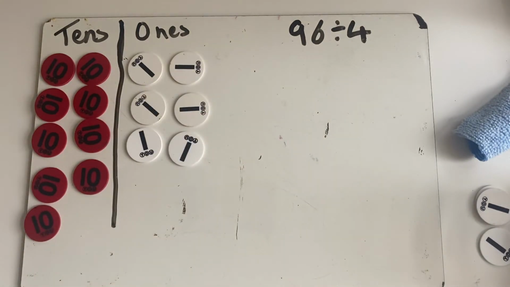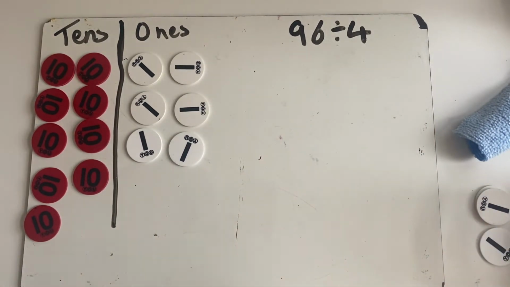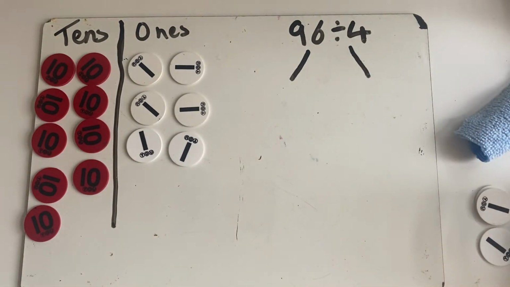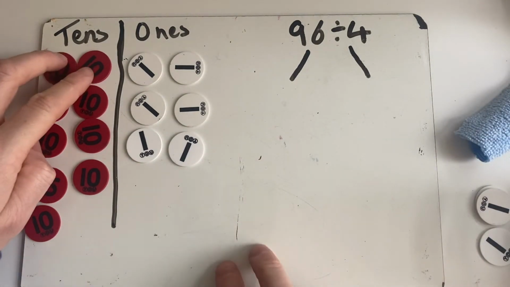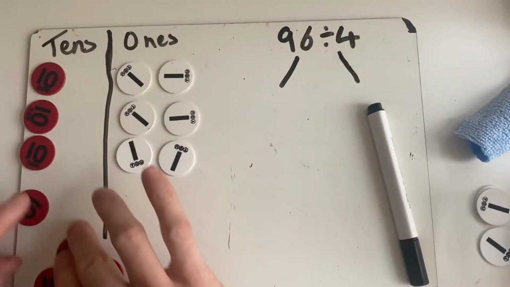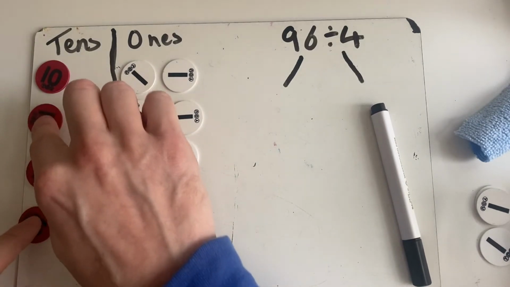Now, as you can see, I've got to divide this by 4. Before I start writing my calculations out, we're just going to check something. We divide these into 4 groups. We've already got 4 there that are in their groups, so we've got 4 groups already beginning.